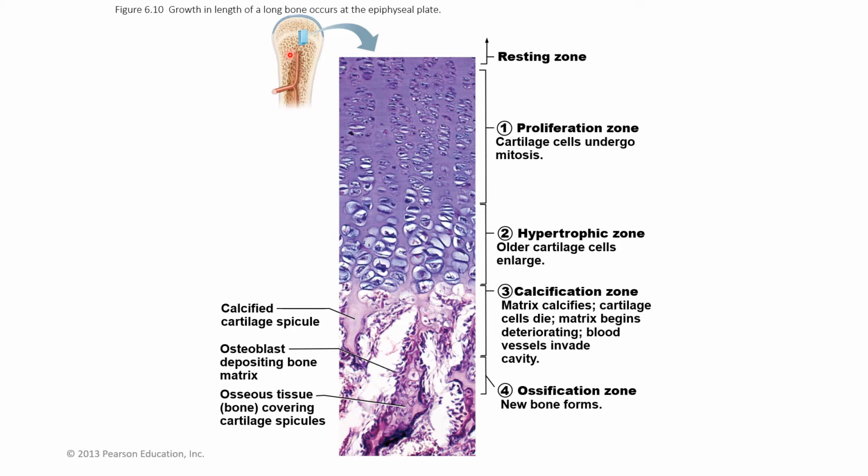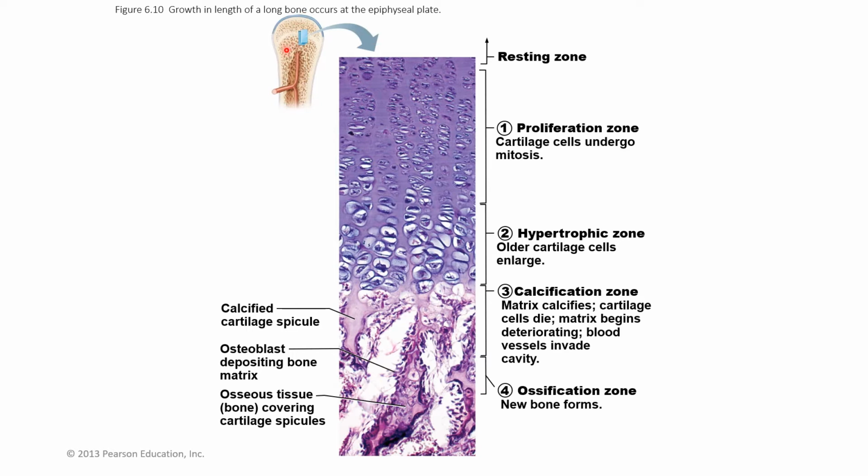What happens is that piece of cartilage is going to start growing, and as it grows, it will push up. As this piece of cartilage is growing and pushing up, it's going to push your bone upwards, and that's how we grow taller. It makes your bones grow in length.